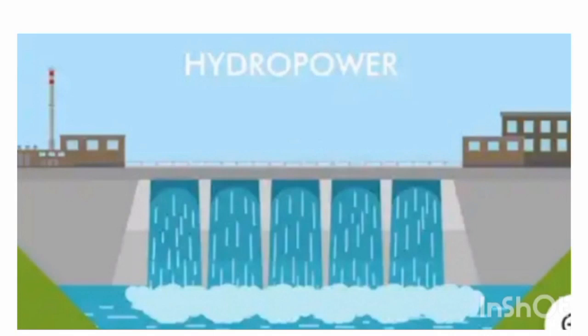Hydroenergy is generated by water flowing in a river or water head in a dam. It is power generated from moving water such as rivers, and this hydroenergy can be converted into electrical energy, and this is the best way to utilize it.